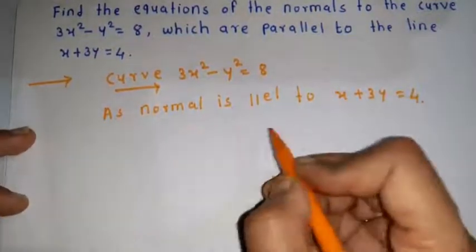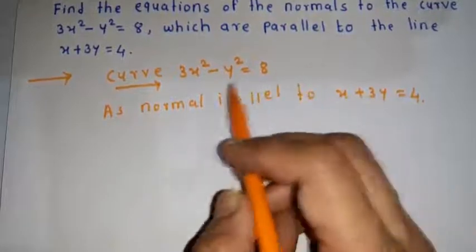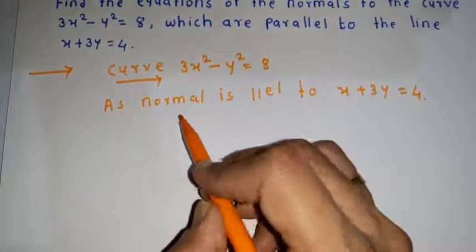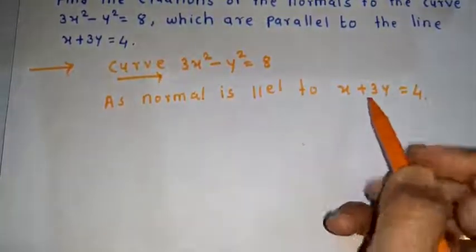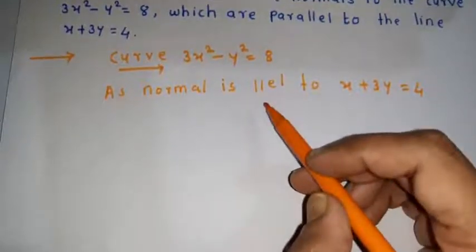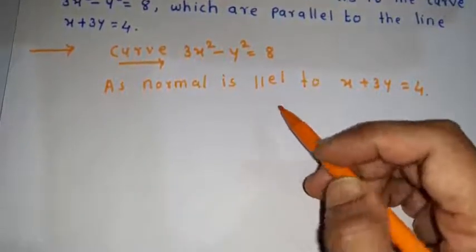we know that normal means the normal is a line, and this normal line is parallel to the given line. We know that if two lines are parallel, their slopes are the same.